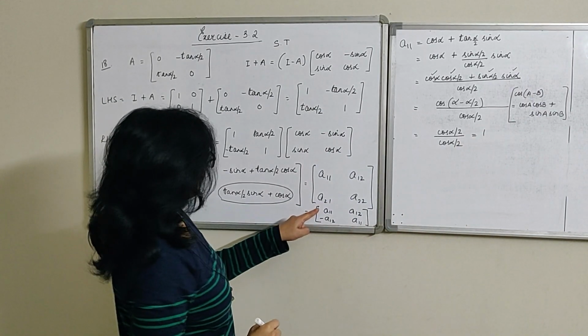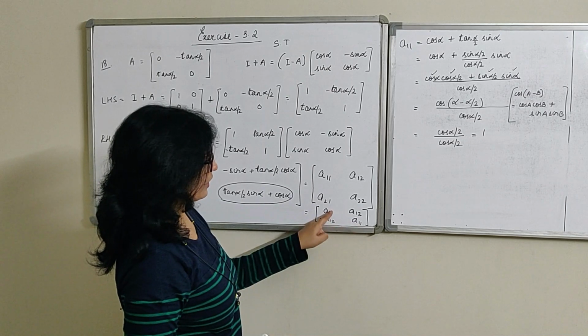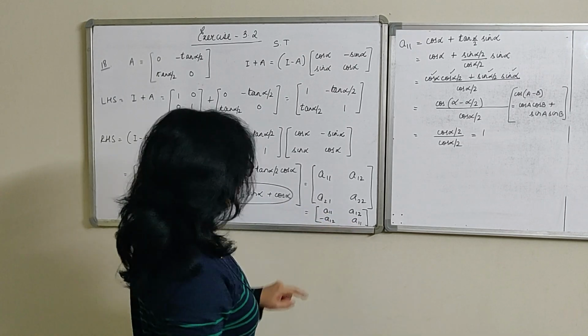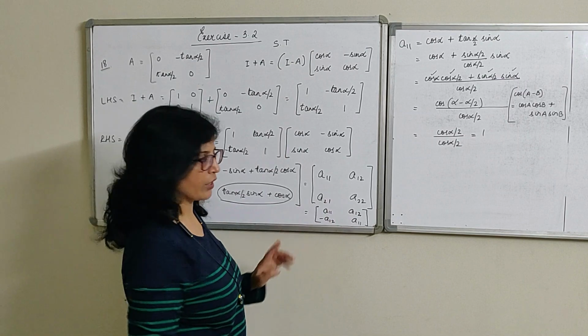So we know A11 is 1. Here the diagonal elements we have found is 1. Next we move on to find out A12.